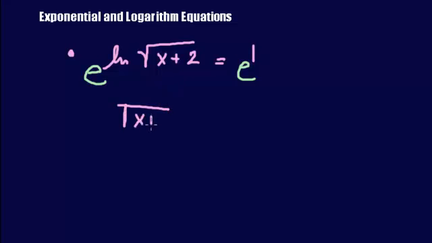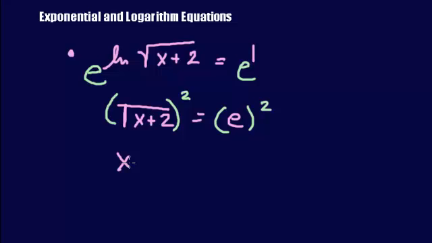And I could have reasonably taken this square root and made it a 1/2 and pulled that out front. Really is not going to make any difference. I'm going to get the same thing either way. So whichever way you choose to do this would be fine. But I'm going to square both sides so that I then have x plus 2 equals e squared.